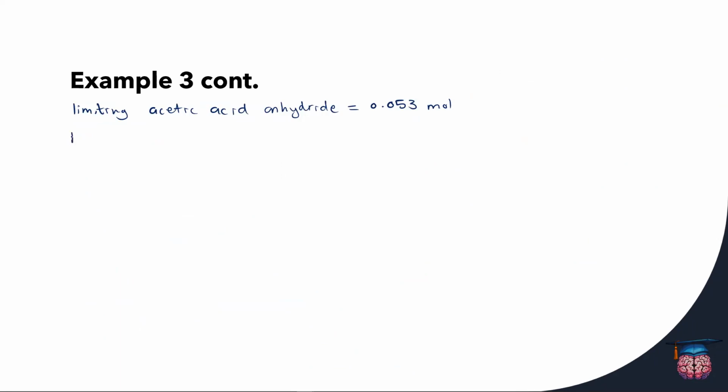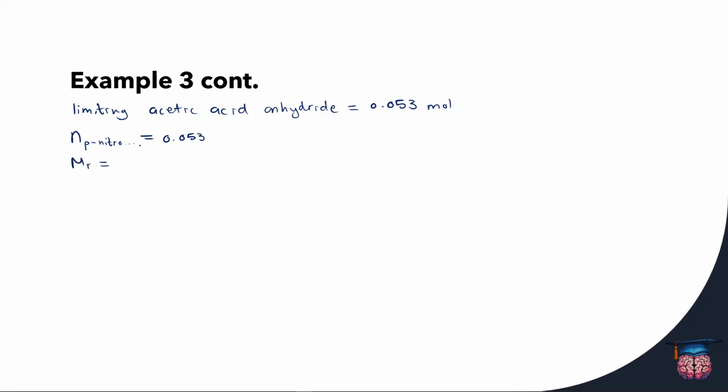So the mole of the p-nitroacetanilide is 0.053.